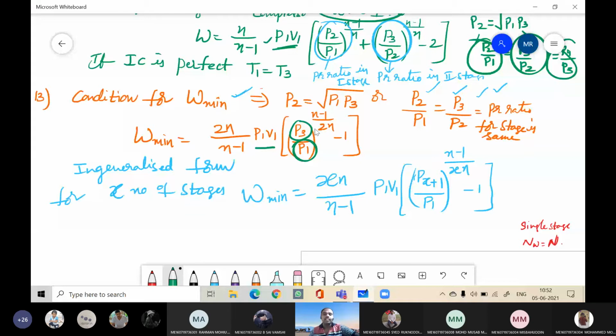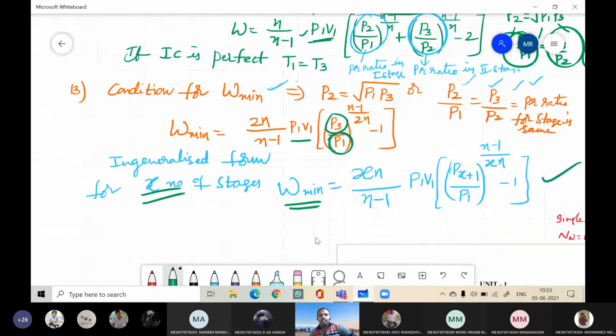This is for two stages. In generalized way, if x number of stages are there, the minimum work is equal to xn by n minus 1 P1 V1 into P(x+1) by P1, whole power n minus 1 by xn, minus 1. So this is the minimum work formula.